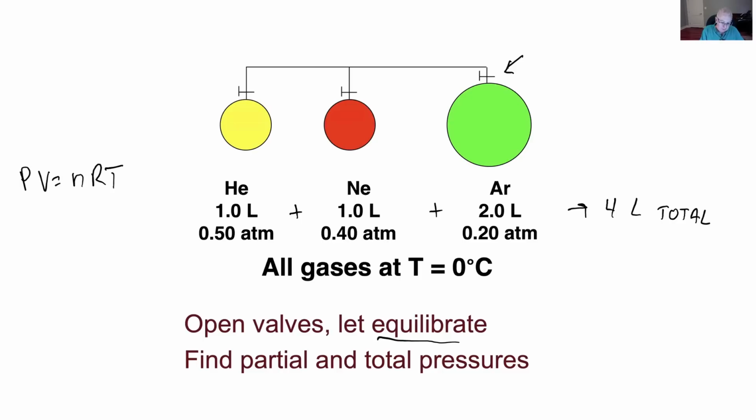I'll say that for each individual gas, n is fixed, R is always fixed, and T is fixed. So that says when I change the volume, I can say PV is constant, right? And that means I can say something like initial pressure times initial volume is equal to final pressure times final volume. That's what I'm going to use to solve the problem.